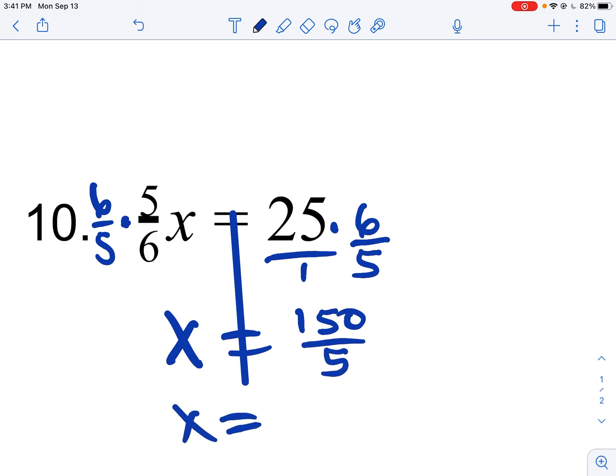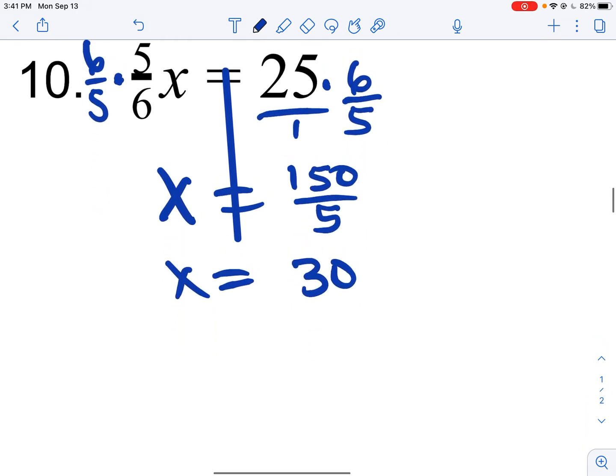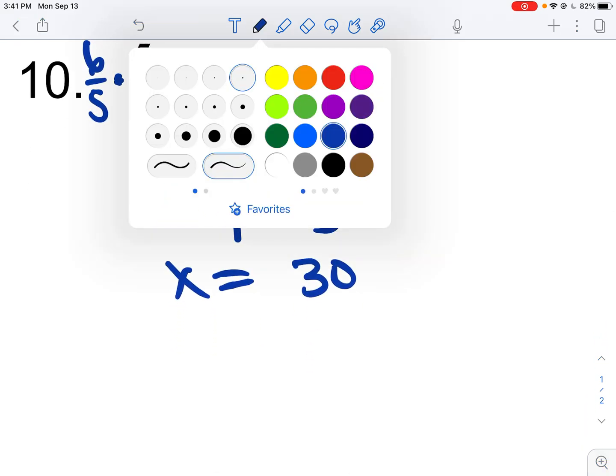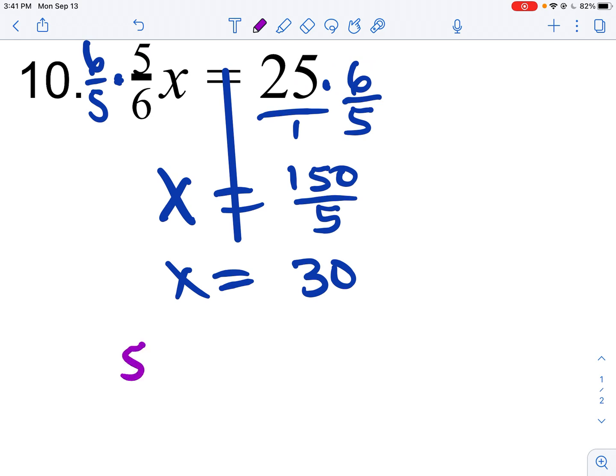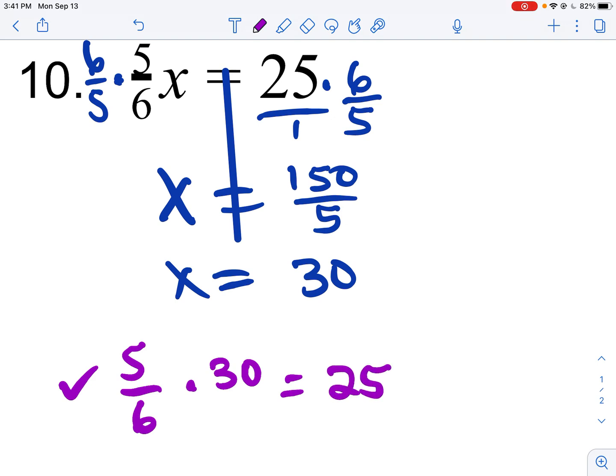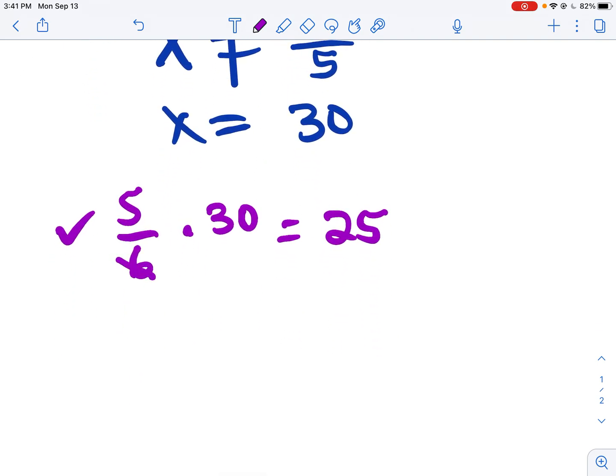That would get me 150 over 5, which still gets me 30. It doesn't matter which way I do it, I still get the same answer. And then I check my answer. 5/6 times 30, does that equal 25? If I do it, 6 goes into 30 5 times, that gets me 25 equals 25.